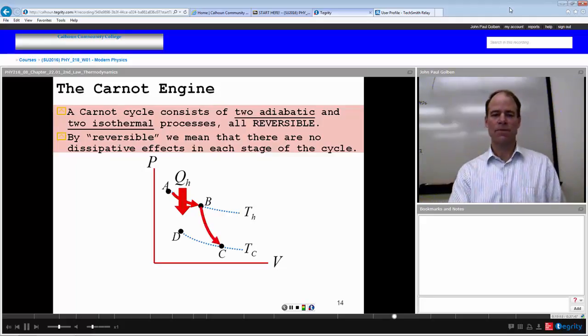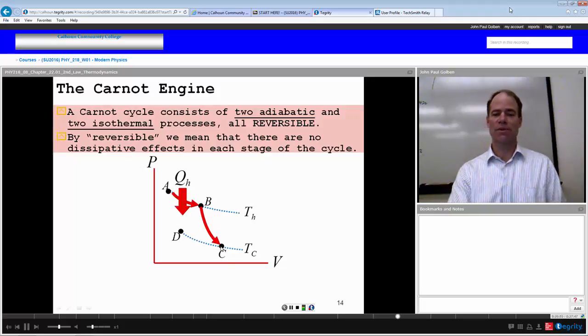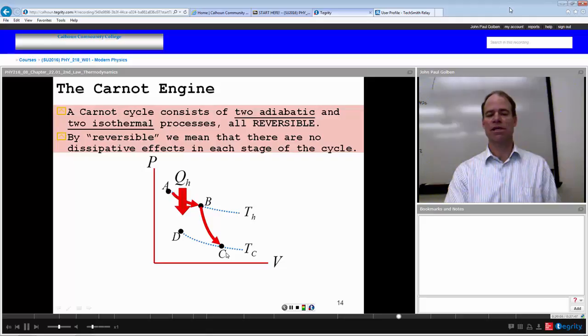Then we go from B to C adiabatically. Adiabatic means no heat exchange. But in this case, as we look at this PV diagram, we are expanding. Our volume is greater at point C, so this engine has done work going from B to C. And if we don't take in energy as heat, then our internal energy must decrease.